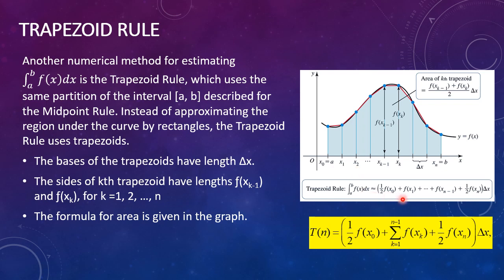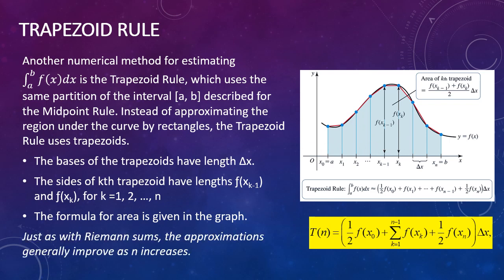And so that's why the middle heights do not have the half on them. Only the far left side and the far right side have the half on them, or divided by 2, because we're using the rest of the sides for 2 separate trapezoids. Okay? And of course, just as with Riemann sums, the approximations generally improve as n increases.